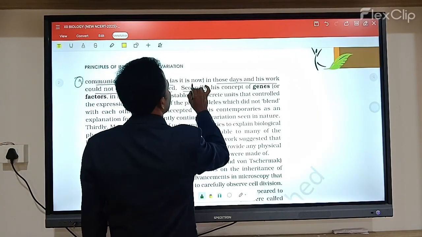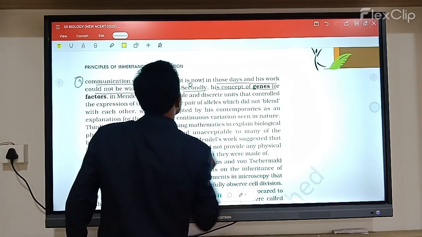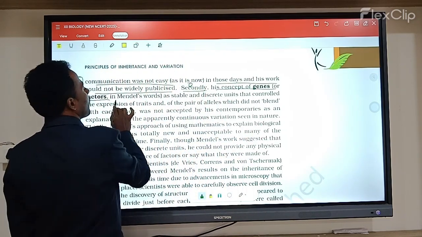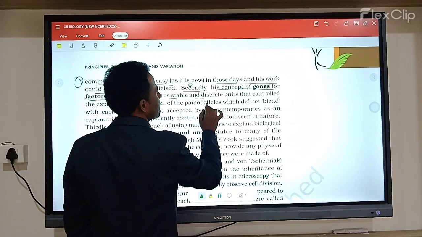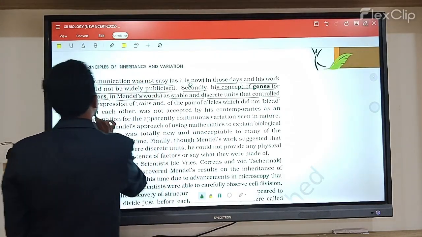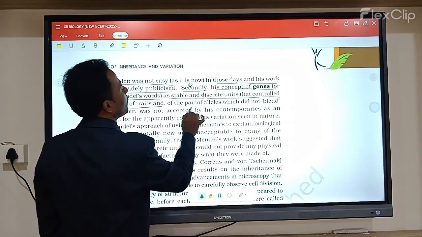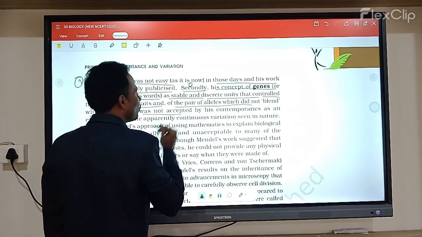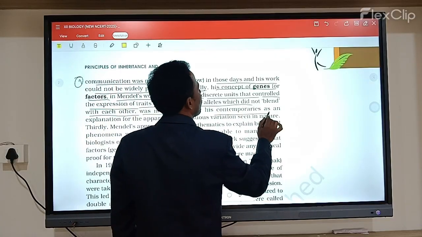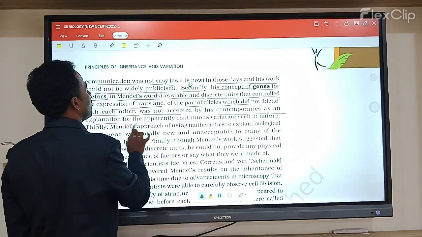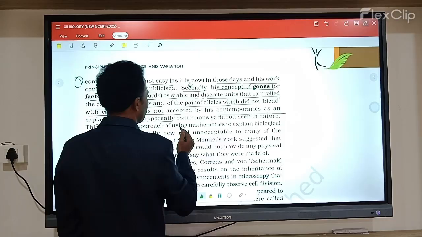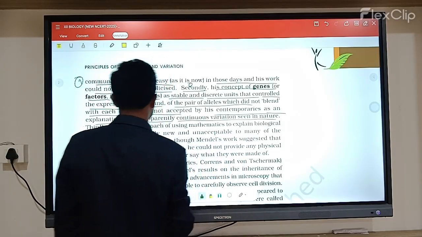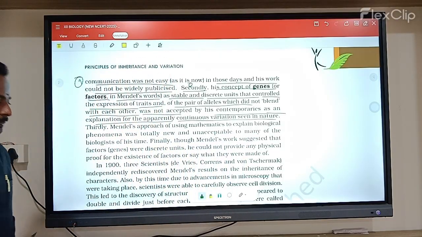And the second one: his concept of genes or factors, that they are stable, distinct units controlling the expression of traits, and that the pair of alleles do not blend with each other, was not accepted by his contemporaries, who explained the apparently continuous variations in nature differently.